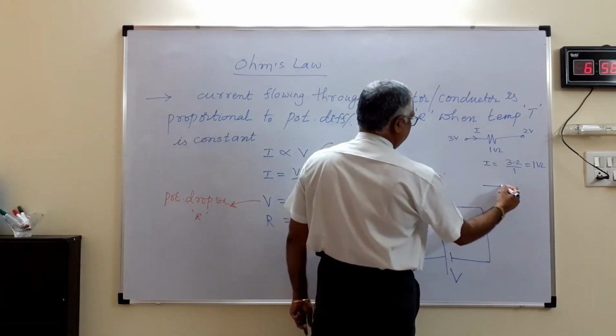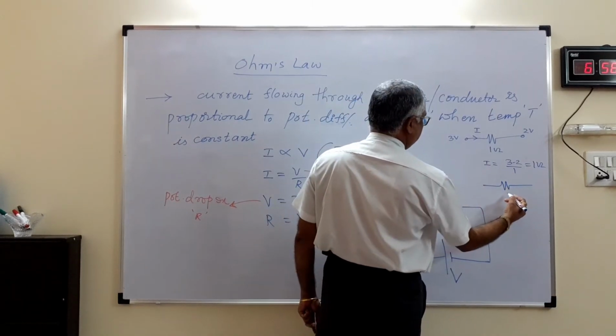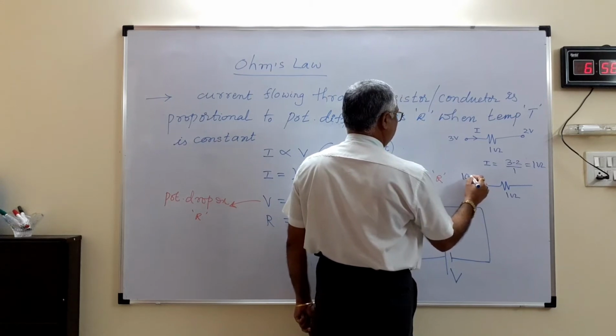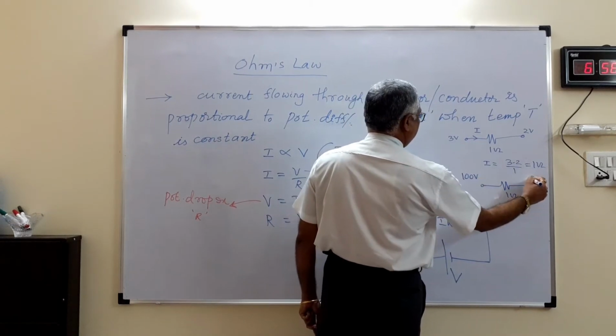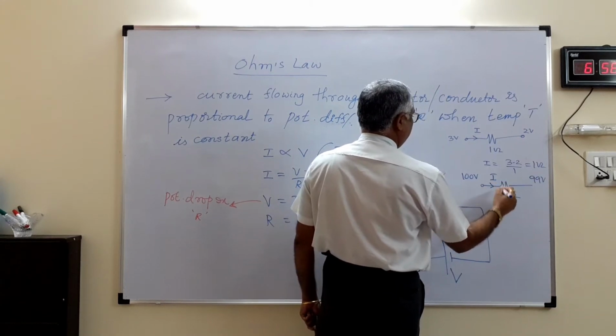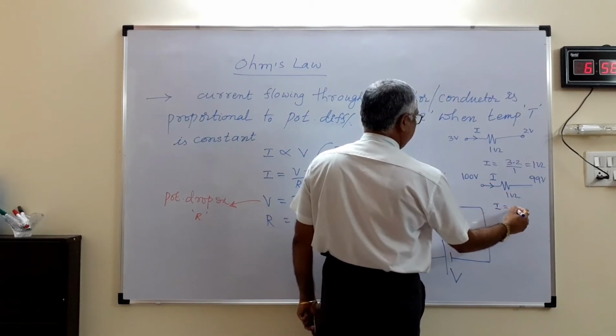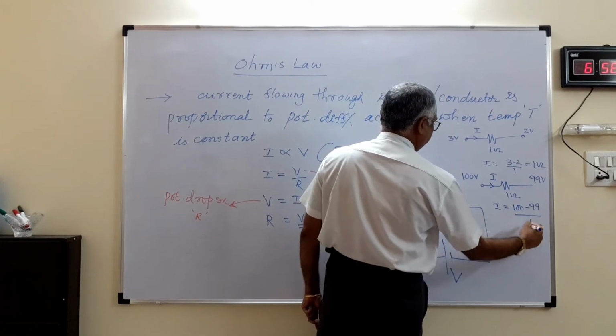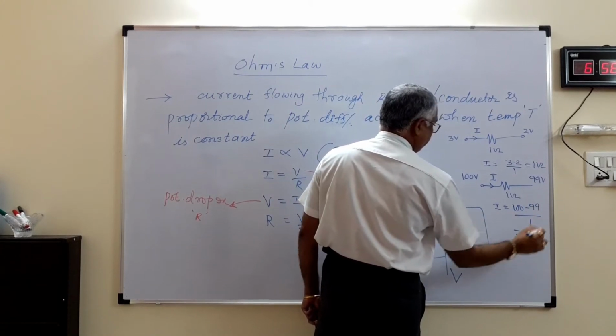Now another example. Resistor same 1 ohm, but here I am applying 100 volts and here 99 volts. Then what is the value of current I? 100 minus 99 by 1, again 1 ampere only.